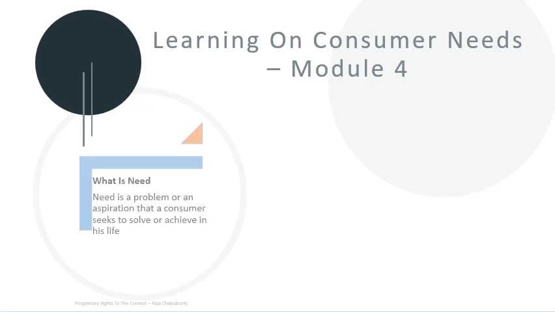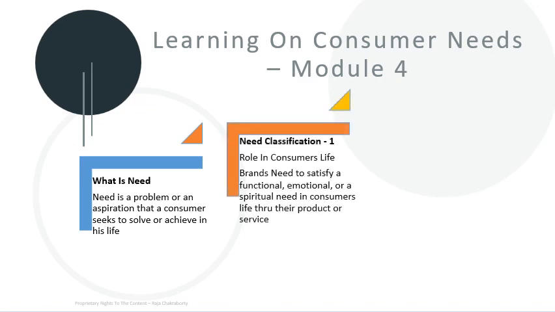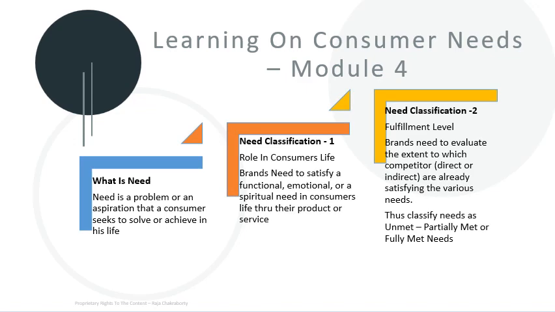So what did we learn so far? In the last module we learned what a need is. We understood that a need is a problem or an aspiration that a consumer seeks to solve or achieve in his life. And needs can be classified in two ways.